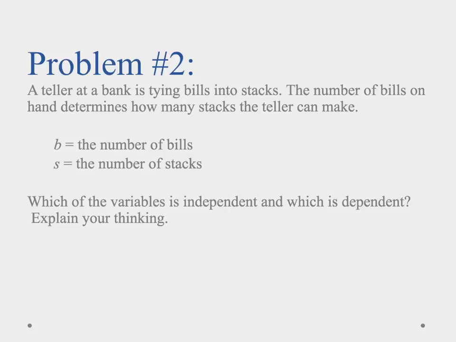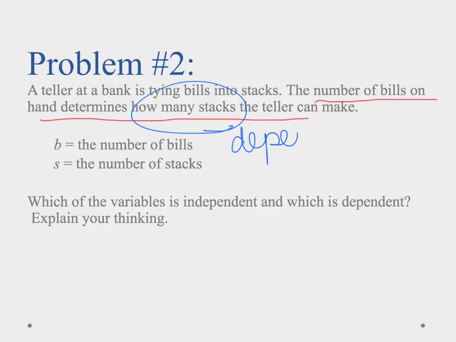The problem is pretty helpful because it tells you that the number of bills determines how many stacks. So how many stacks we make depends on how many bills we have.